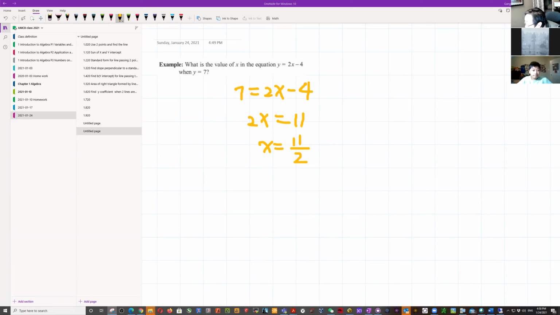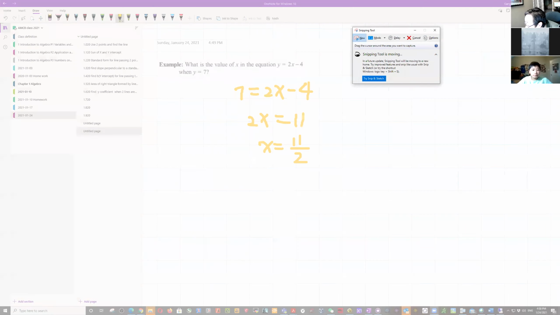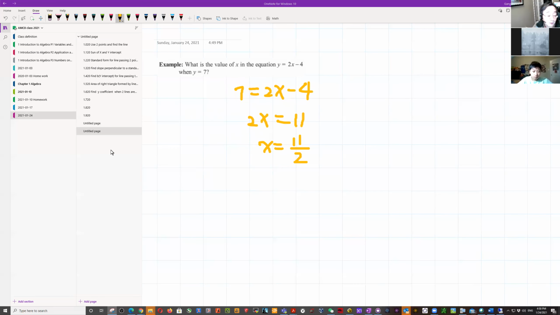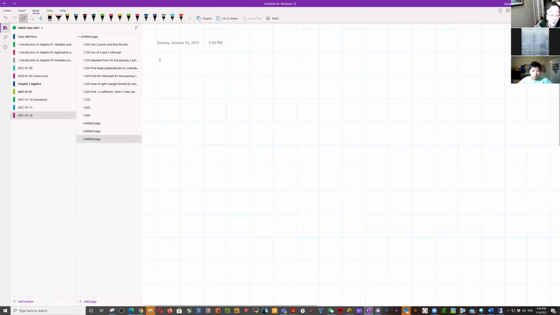We're going to get into evaluating like this. Then the third example, we are going to do an equation system. So basically, what is the value of y in this equation when x equals y minus 5? Trying to calculate the y value.